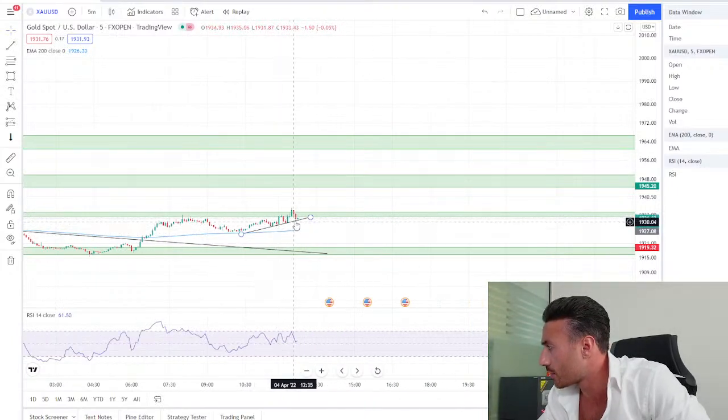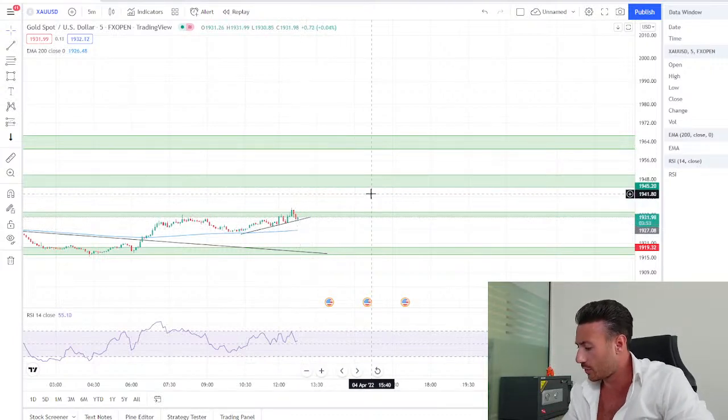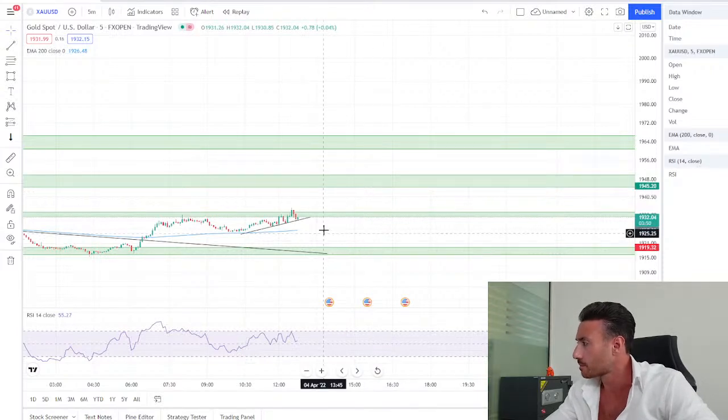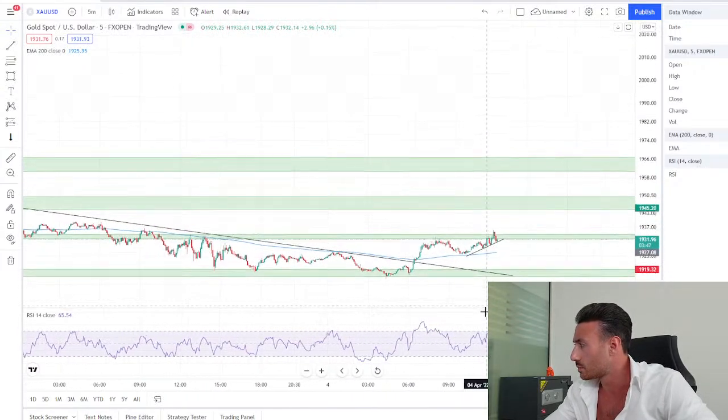Because remember, we have a trend line here. Unless broken, it can go down, or else it will go up from here. So if you have taken profits, take some profits and wait to be on the safe side.